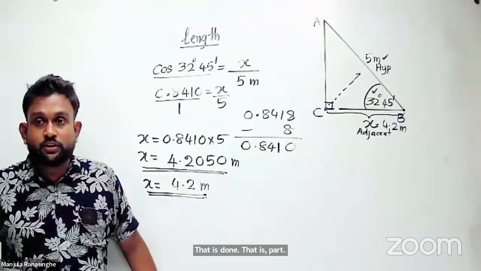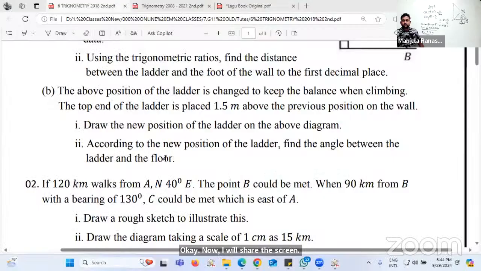Okay, now I will share the screen for part B. See there. The above position of the ladder is changed to keep the balance when climbing. The top end of the ladder is placed 1.5 meters above the previous position on the wall. Right.